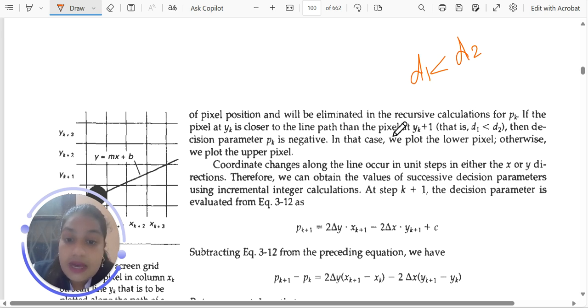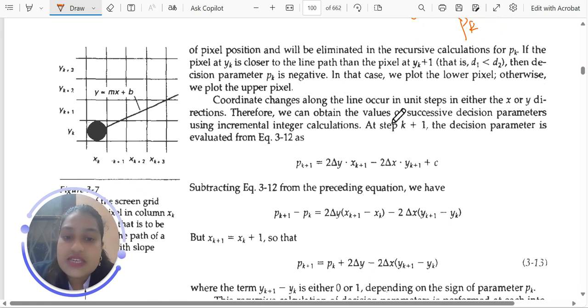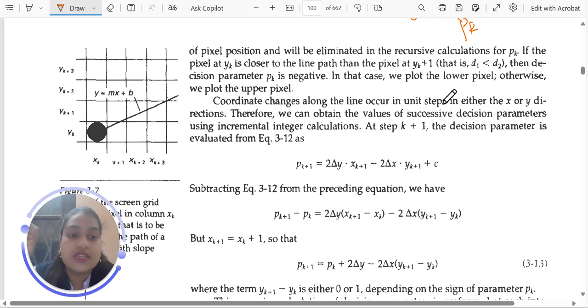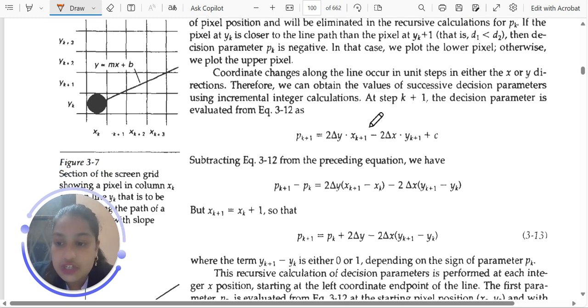In that case, pk is negative, and we plot the lower pixel. Otherwise, if d1 is greater than d2, we will plot the upper pixel. Now, coordinate changes along the line occur in unit steps in either the x or y direction. Therefore, we can obtain the values of successive decision parameters using incremental integer calculation.